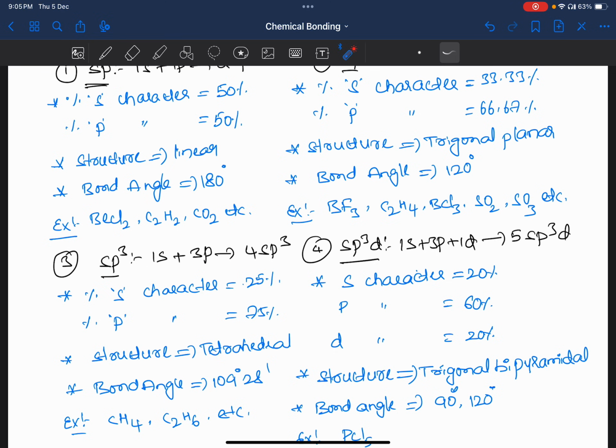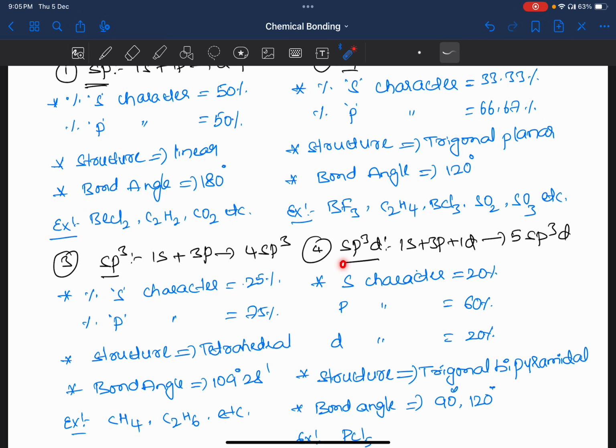In all these, the number of atomic orbitals equals the number of hybrid orbitals: 1 plus 3, four atomic orbitals are involved and four hybrid orbitals are formed. The structure is tetrahedral, and the bond angle is 109 degrees 28 minutes. Examples are methane, ethane, all alkanes, etc.